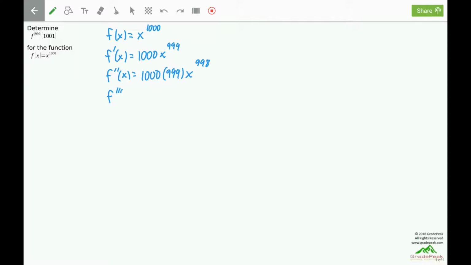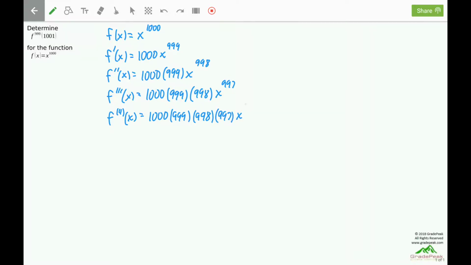The third derivative will bring down the 998 with the remaining constants and subtract 1 from the power. The fourth derivative, bring down the 997 to multiply these remaining constants, subtract 1 from the power, and on and on.